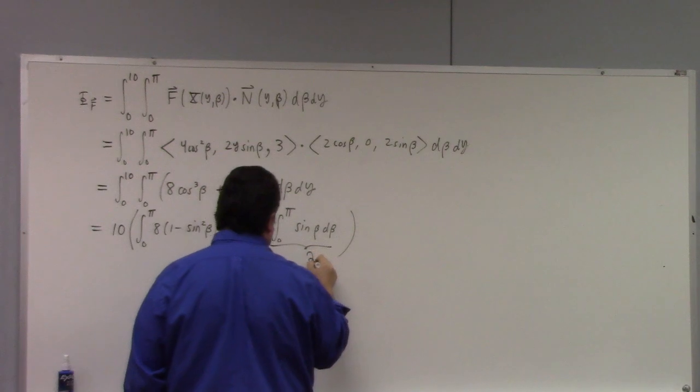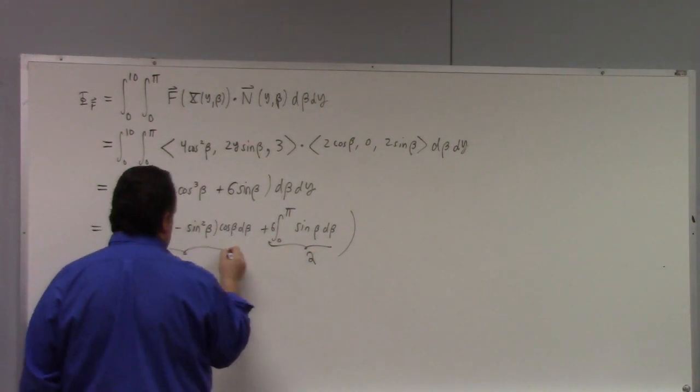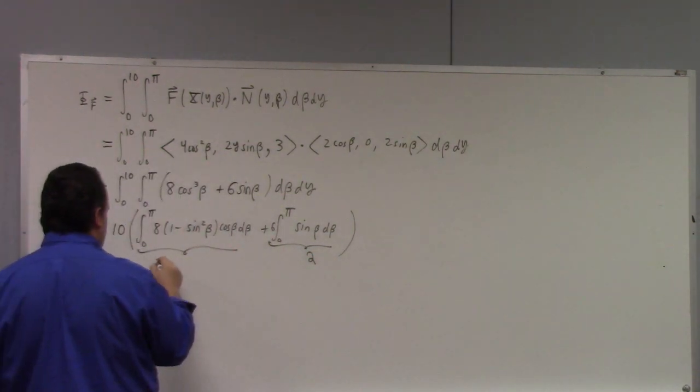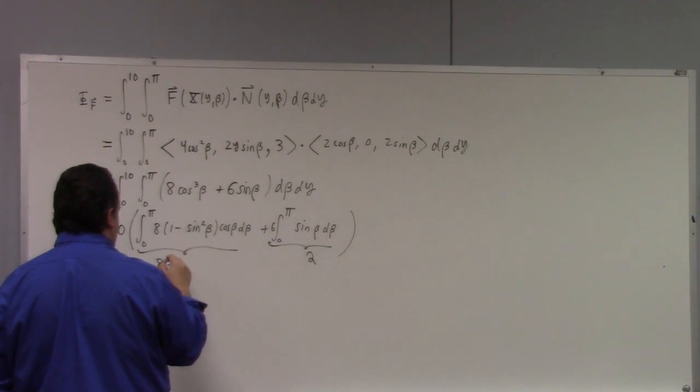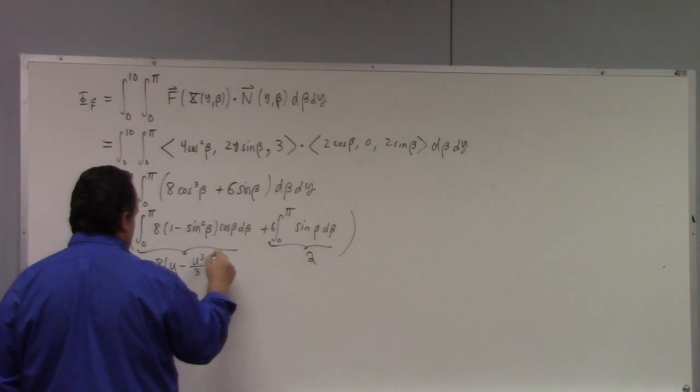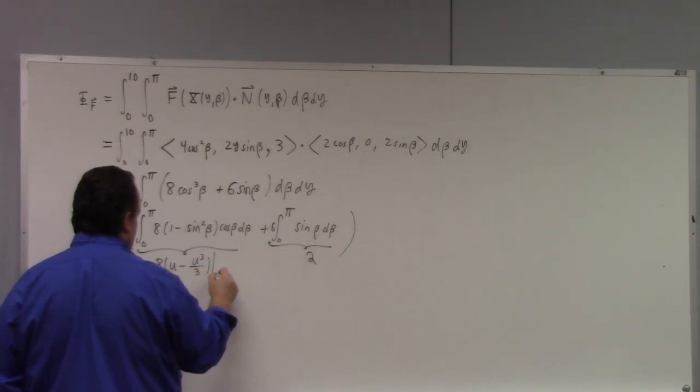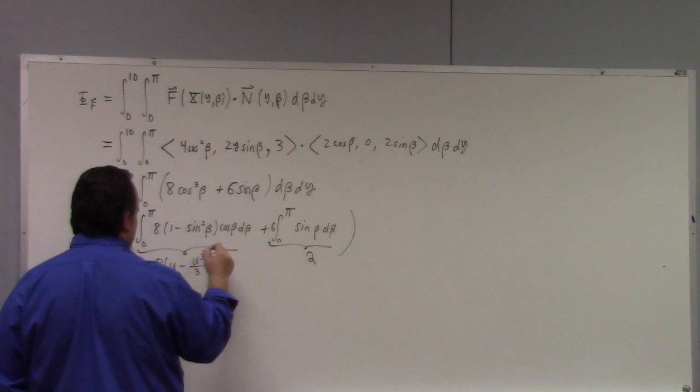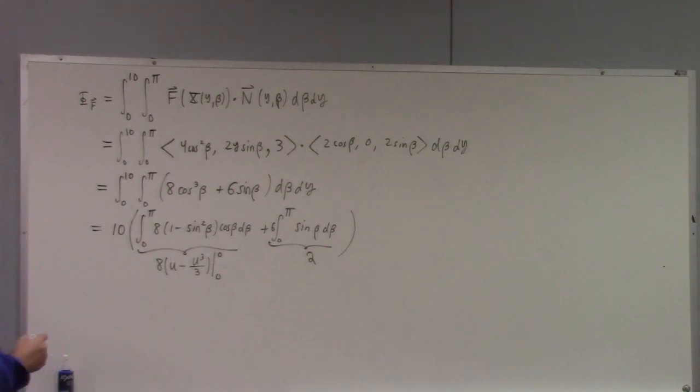This integral is 2. This integral is 8 times u minus u cubed over 3, evaluated from 0 to 0. That's funny. Look at that.